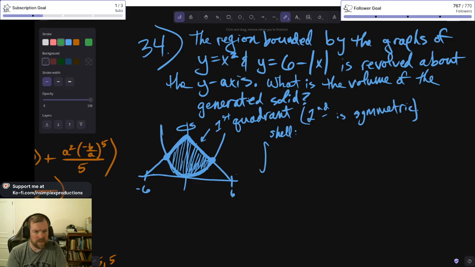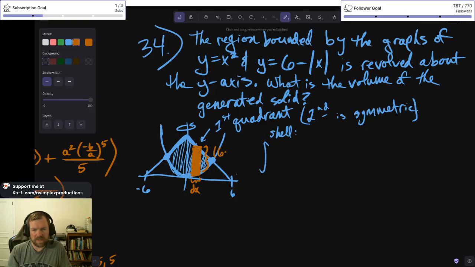So the way we do shells is we're taking an infinitesimal dx, and in this case the functions are slightly different, but the thing works pretty much the same.